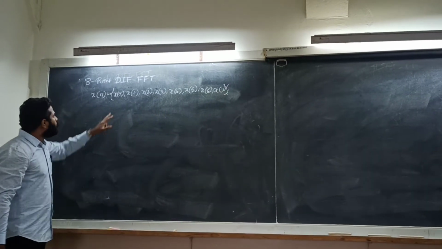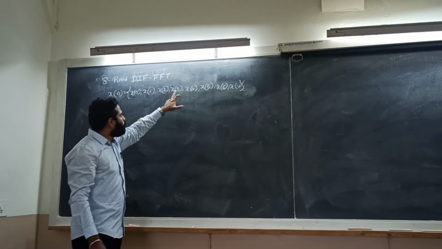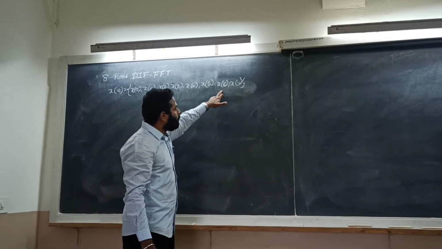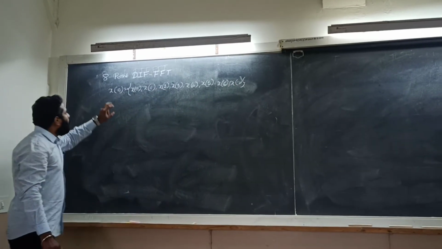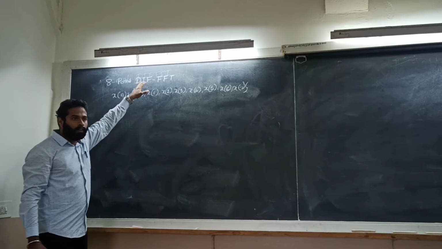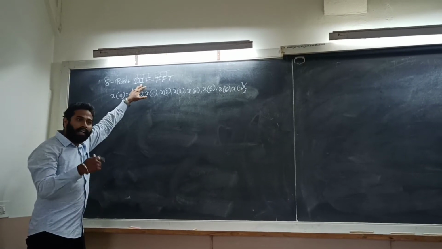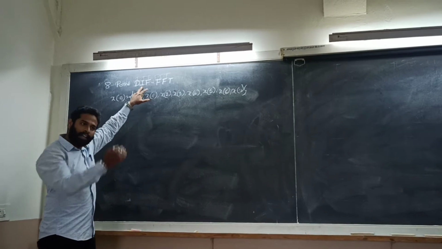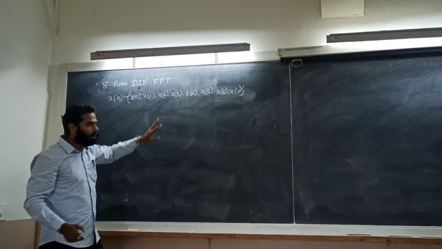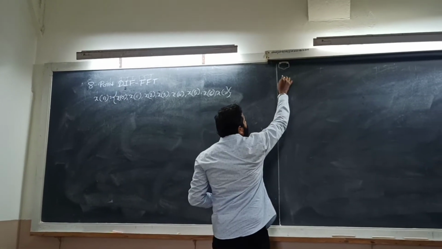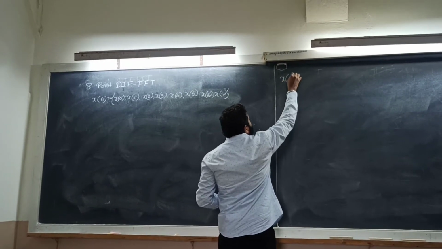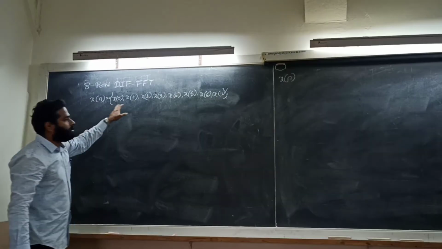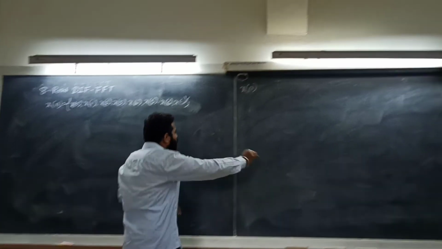Totally 8 values: first, second, third, fourth, fifth, sixth, seventh and eighth. As it is DIF, the first step in DIT is dividing even and odd terms, but in DIF we'll take the series directly. So directly we'll write this series x of 0 to x of 7.